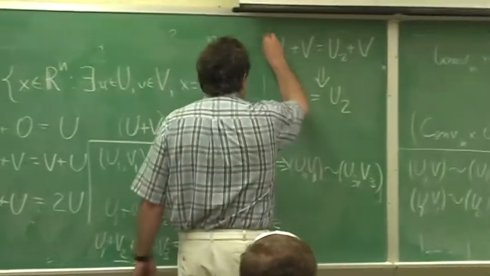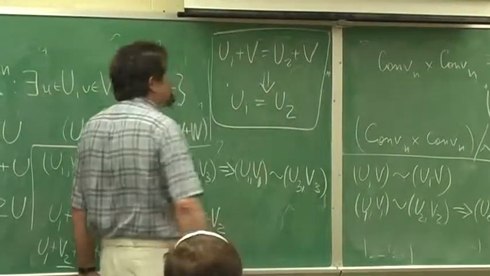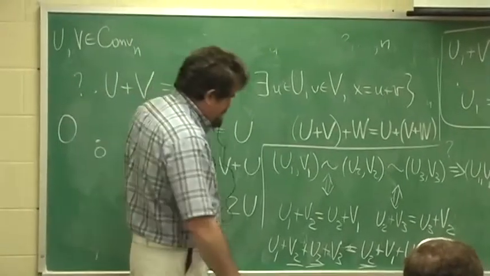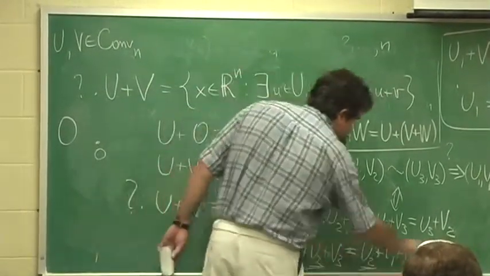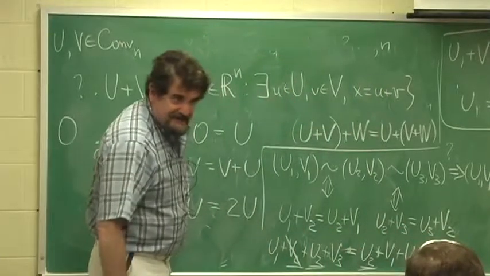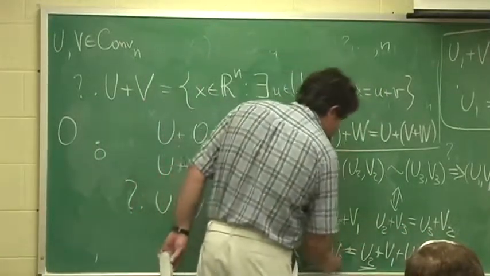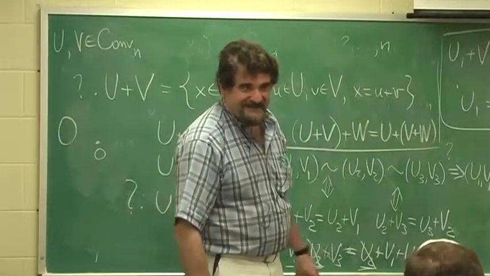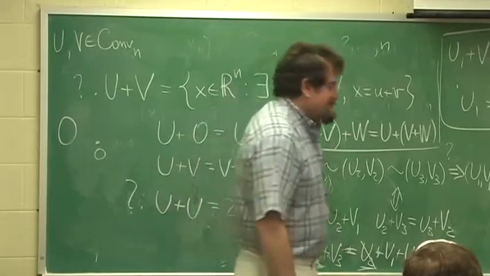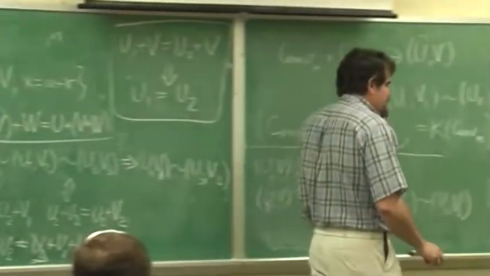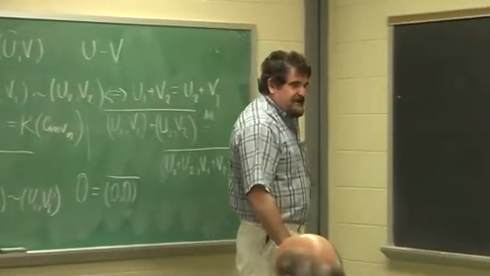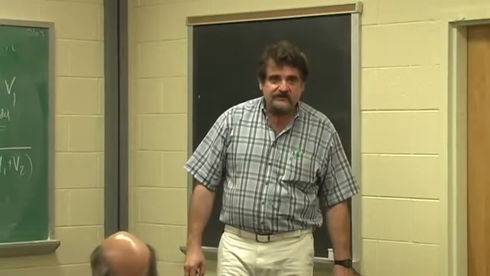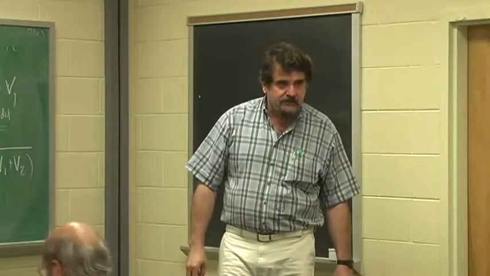But again, I suggest that you look at this and prove it. And after you prove it, you are done, because here you are allowed to cancel V2. Correct? Then you are allowed to cancel U2, and you get exactly what you wanted. So the important thing to understand is this Grothendieck construction allows you to embed a semigroup with one condition into a group.